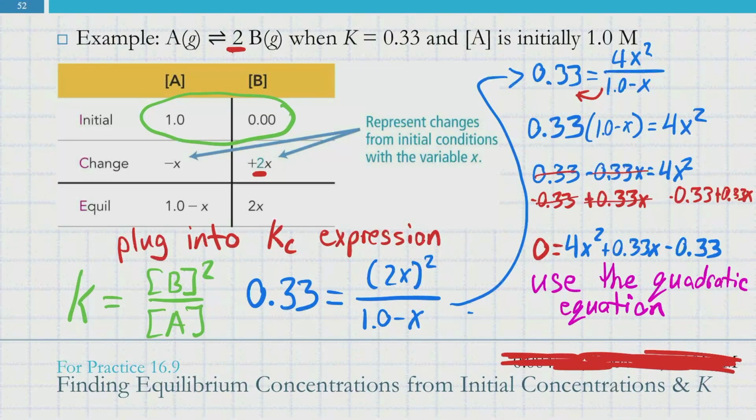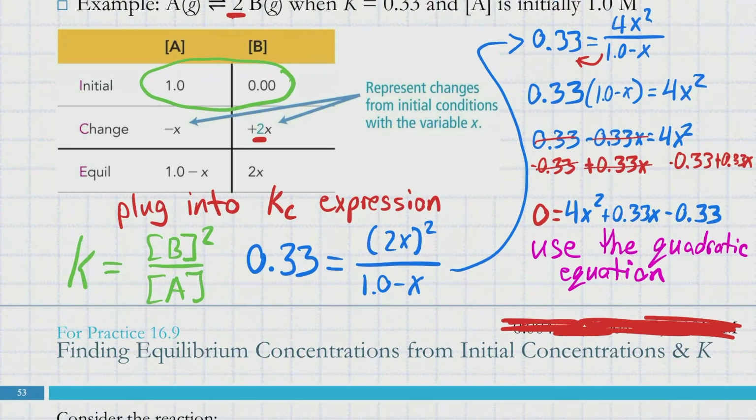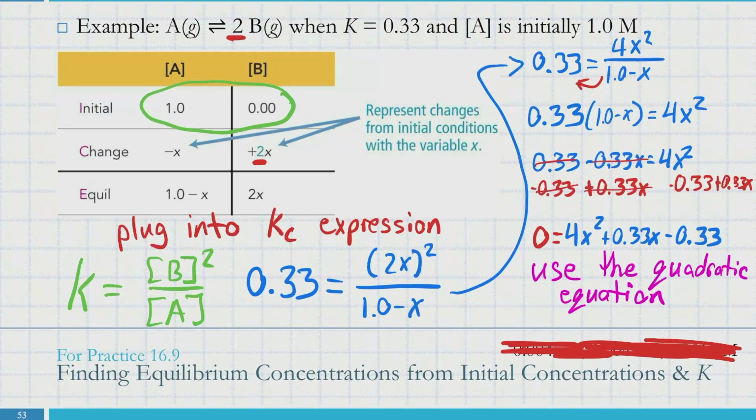So we get to plug in all sorts of fun stuff. Our generic equation for the quadratic equation, ax squared plus bx plus c equals 0. And it's negative b plus or minus the square root of b squared minus 4ac over 2a to find the solutions. So you do one with plus, you do one with minus.